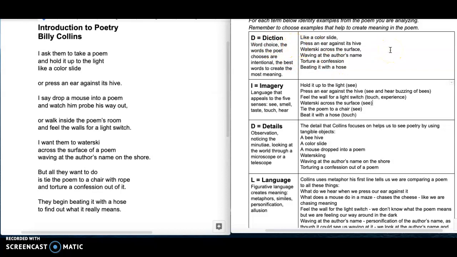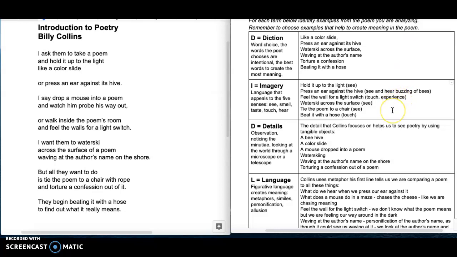So what kind of words, what word choice does Collins use that helps to create meaning in this poem? I noticed things like a color slide, press an ear against its hive, water skiing across the surface, waving at the author's name, torturing a confession, beating it with a hose. So these are particular words and phrases that seemed important to me.